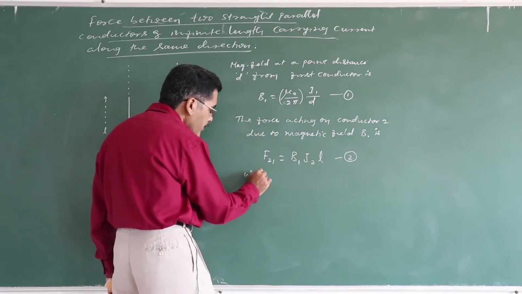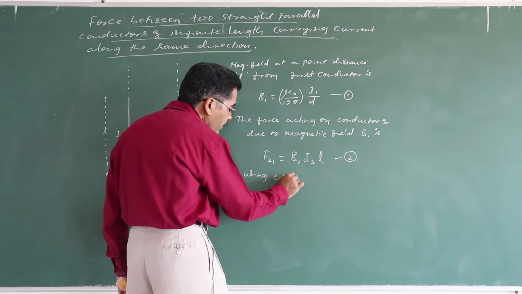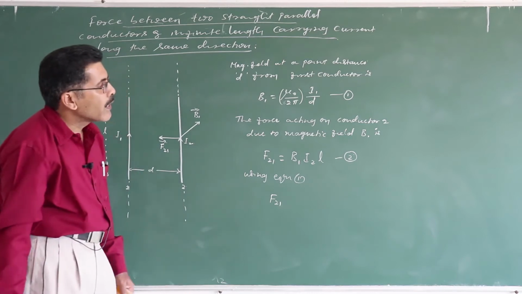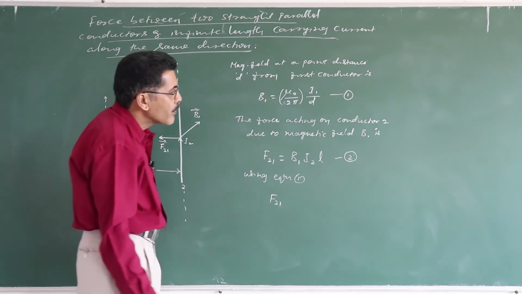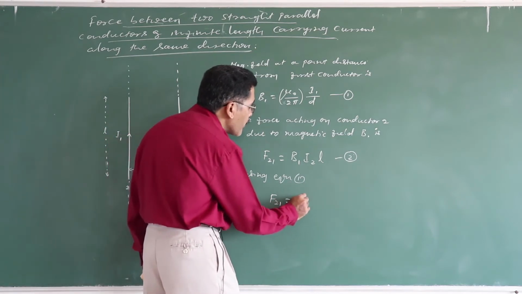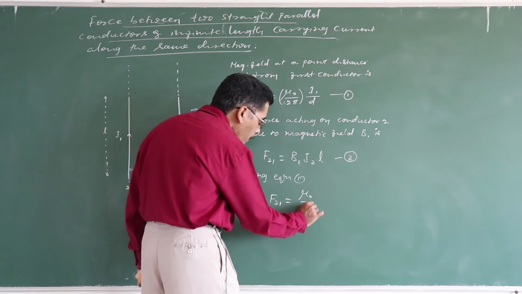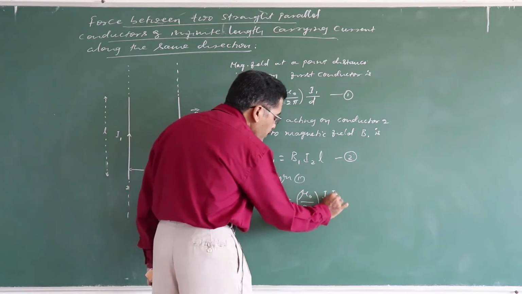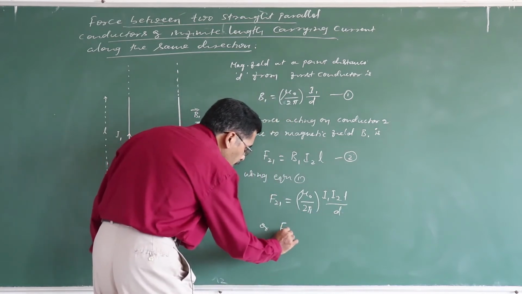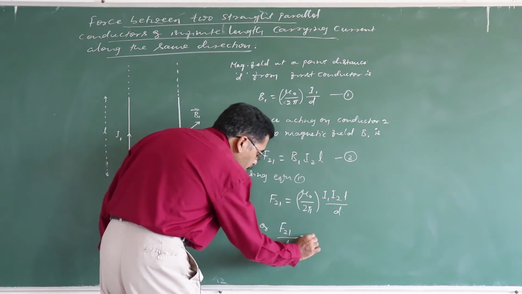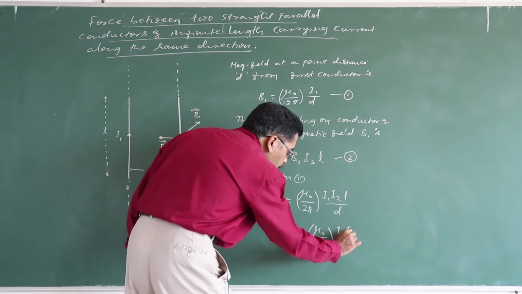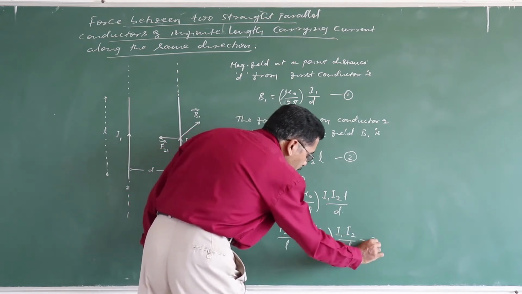Using equation 1, F21, the force acting on conductor 2 due to the magnetic field B1, is given by mu naught by 2 pi I1 into I2 into L divided by d, or F21 by L is equal to mu naught by 2 pi I1 into I2 divided by d. Let me call this equation 3.